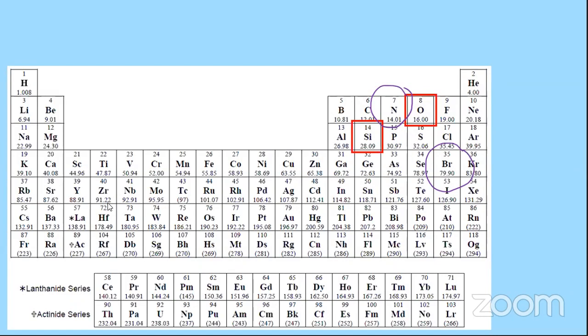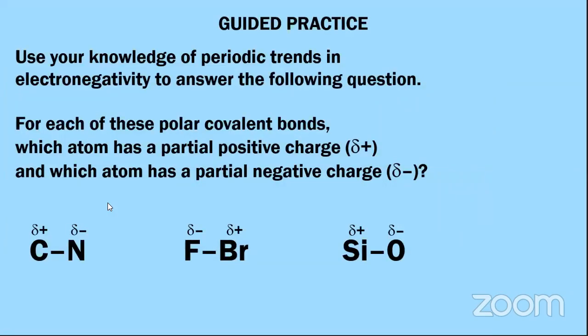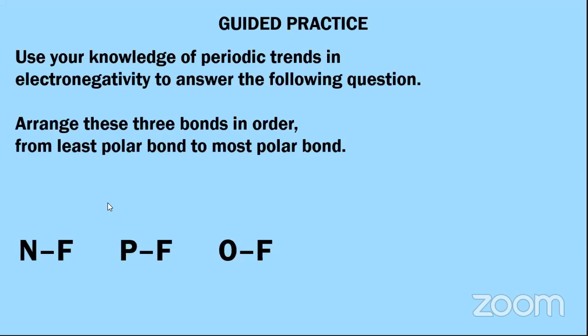So that would not be a fair comparison without electronegativity values. All right, now we're going to be given three bonds, and we have to arrange them in order from least polar to most polar. These are all containing fluorine, and then either nitrogen, phosphorus, or oxygen.